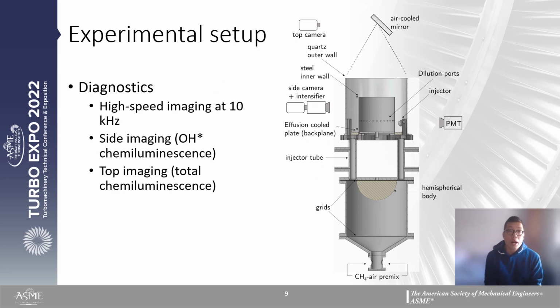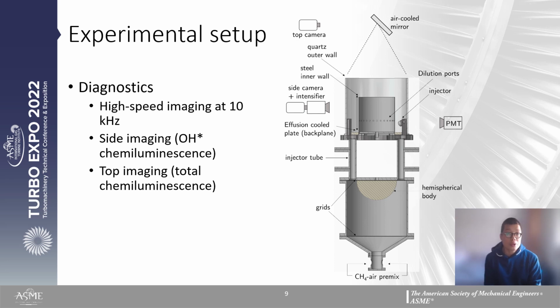Diagnostics-wise, two high-speed cameras operating at 10 kHz are used to capture the fast transient process of the ignition light around. One gives a side view, and the other provides a global overhead annulus image, which is possible via reflection through an air-cooled mirror placed downstream of the combustor.